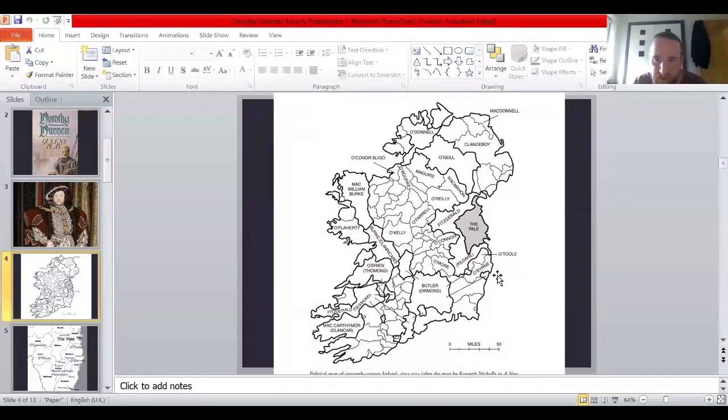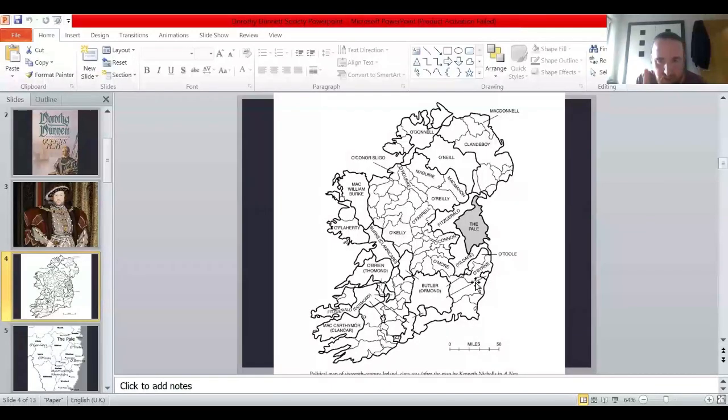And their idea is that they have these pockets. So they have along the south coast here, and then they have the Pale. And they're thinking, well, the first thing we should do is try to join these regions up. So basically to try and conquer all of Leinster.